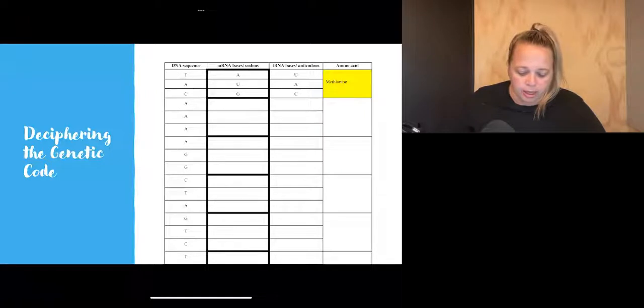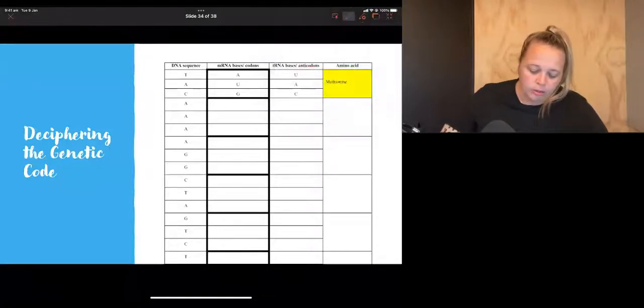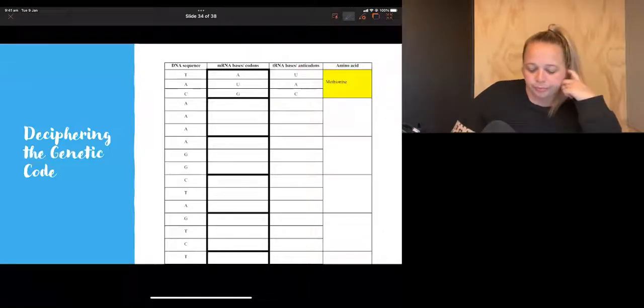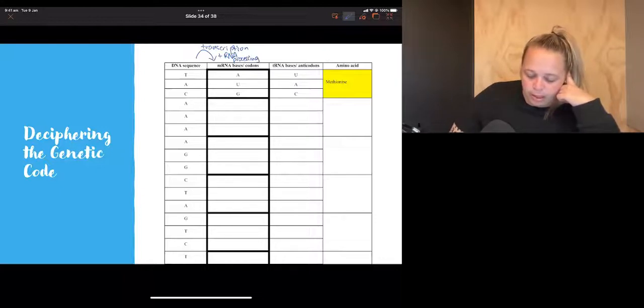So what we're looking at here is deciphering this genetic code. You've got the DNA sequence TAC. It undergoes transcription and RNA processing to become mRNA bases. Now, all we do there is we do the opposite.